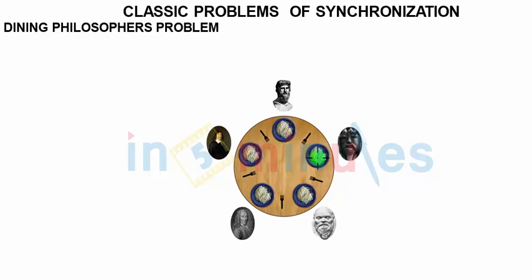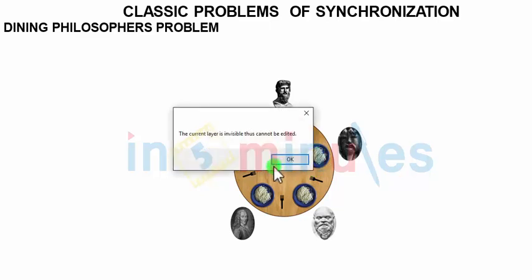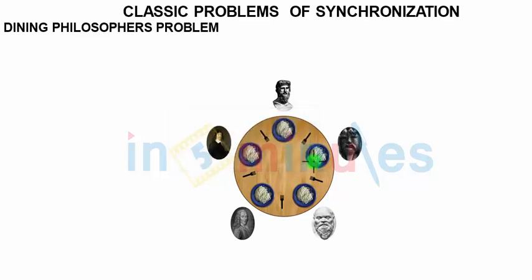Number one, the noodles play the role of the entity which each of them wants to access. And their chopsticks or forks are an example of the resources which they require to access that entity.